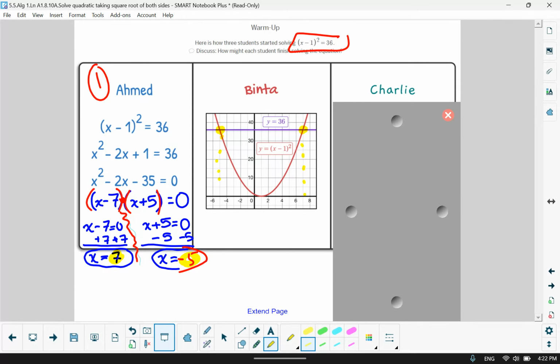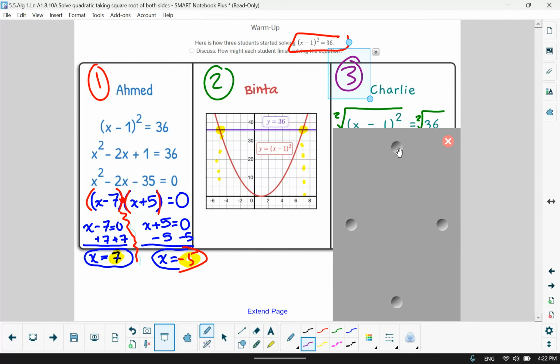Now, what we began talking about just last week: so method number 1 with factoring, method number 2 with graphing, method number 3, is there any other way to solve quadratic equations just using numbers, symbols, variables, and not a graph? Charlie reminds us that to get rid of a second power, we take a second root.